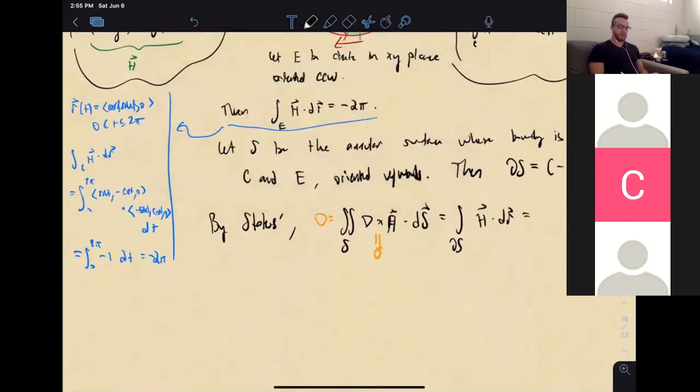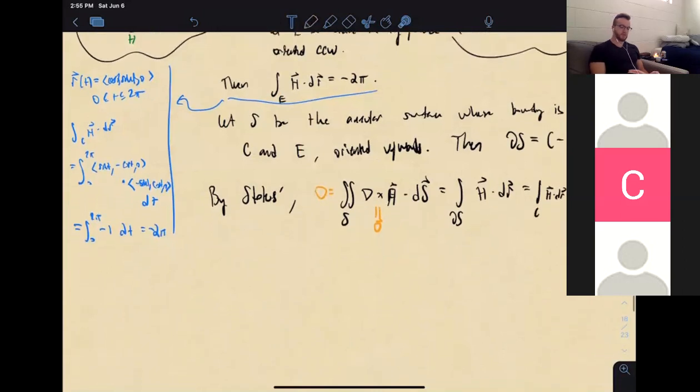But the boundary of S is C minus E. So the integral over C minus the integral over E equals 0. So they're the same. And we showed that the integral over E is negative 2 pi.